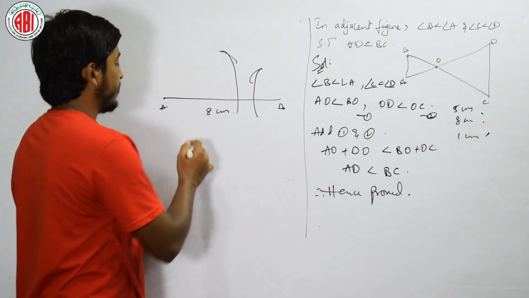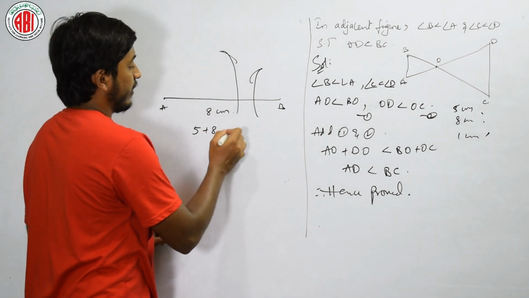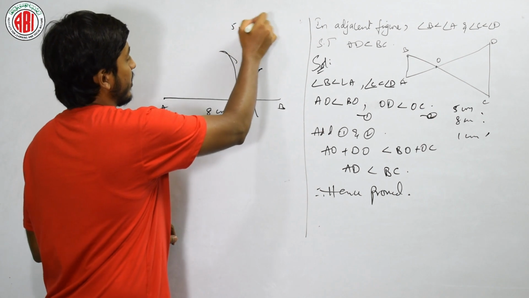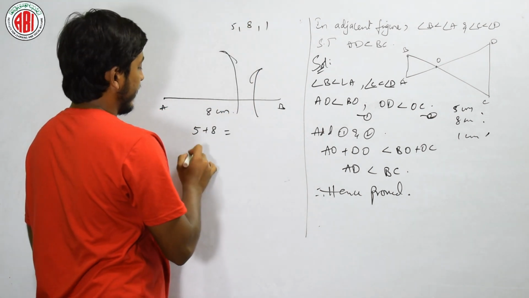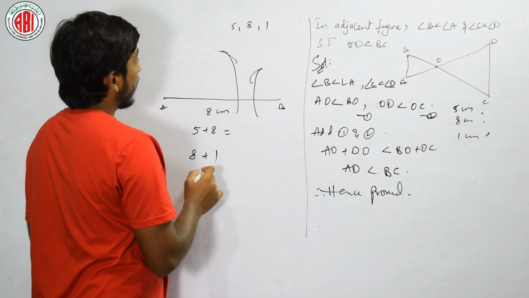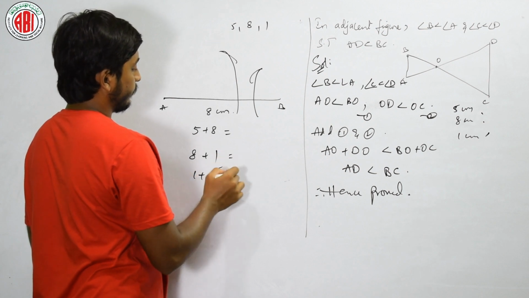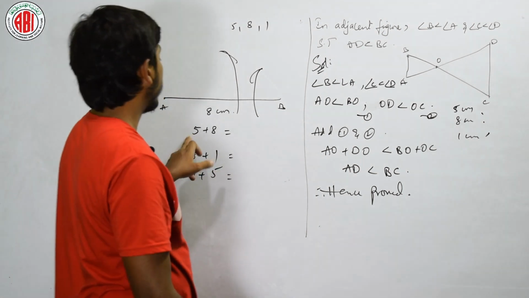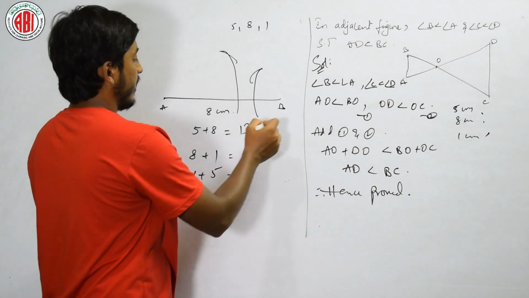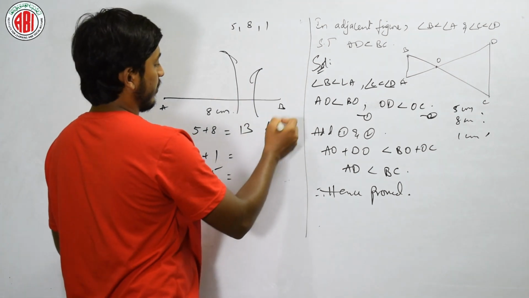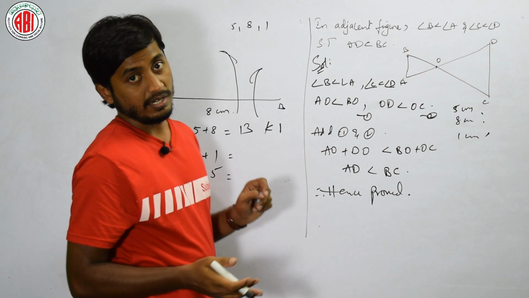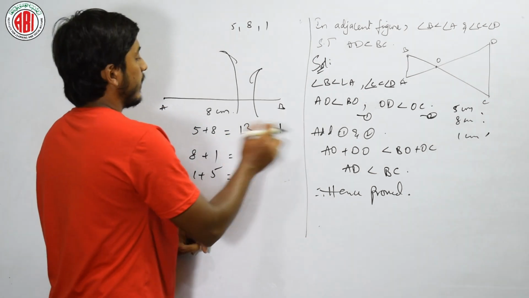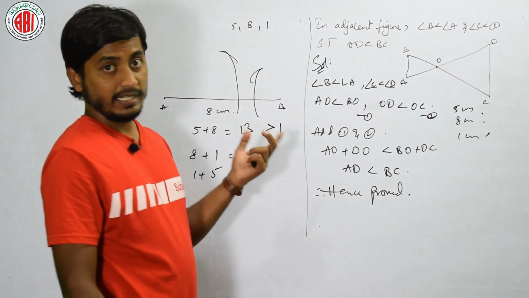Right. Now, if you observe, we have 3 combinations of 5, 8 and 1: 5 plus 8, 8 plus 1 and the next 1 plus 5. Clear? 5 plus 8 is 13. Is this less than 1? Obviously no. Yes or no? It is greater than 1. Yes, it is satisfied.